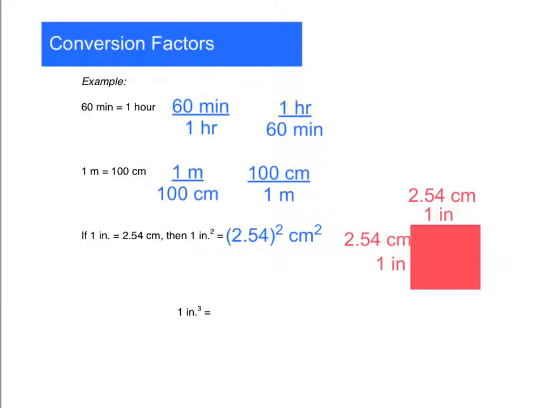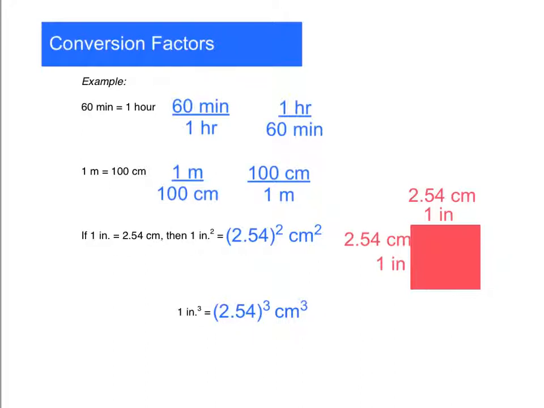And we would do the same thing for 1 inch cubed. 1 inch times 1 inch times 1 inch is equal to 2.54 times 2.54 times 2.54. So that gives us how many centimeters cubed in 1 inch.